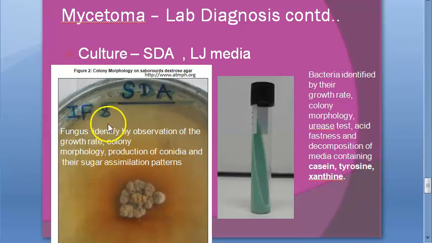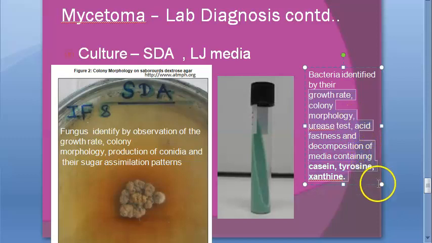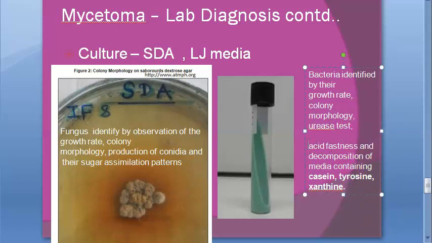Do you know you can also use Lowenstein-Jensen media here? So LJ media you can use to culture these bacteria. Which bacteria? Actinomycetoma, Madurae, Nocardia, etc. And here, how will you identify the bacteria? By their growth rate, their colony, the morphology, urease test, acid fastness, and decomposition of media which contains casein, tyrosine and xanthine. So basically, acid fastness.